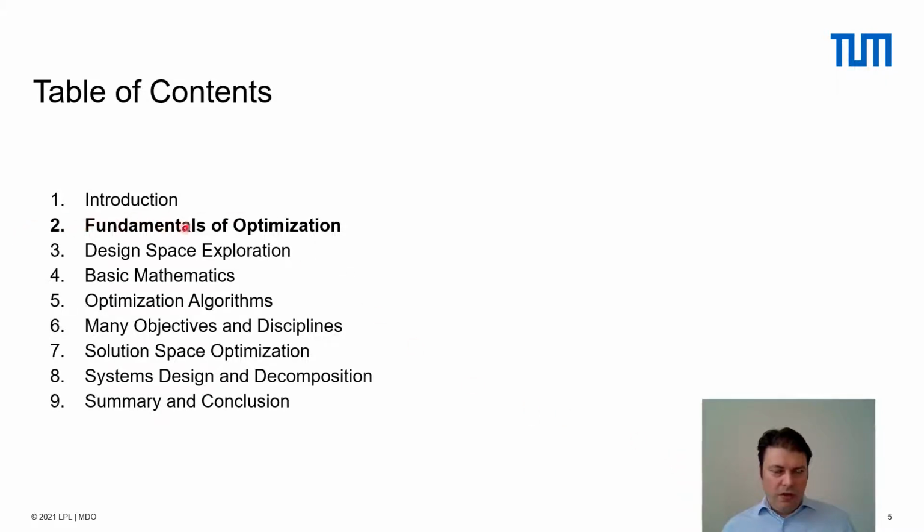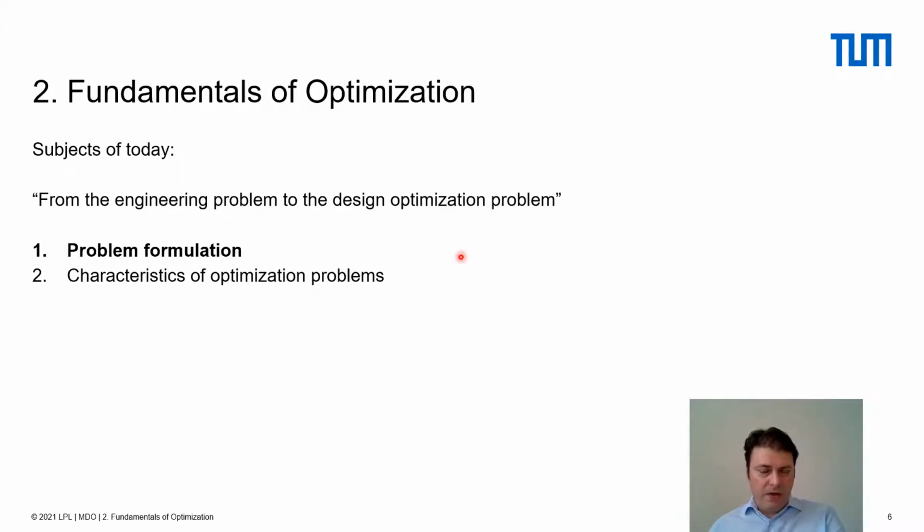We will talk in this lecture about fundamentals of optimization before we cover more advanced subjects in the lectures to follow. In particular, we have two chapters. One of them is on general problem formulation, and the second one will be on the characteristics of optimization problems.